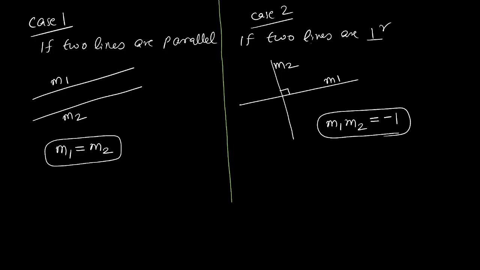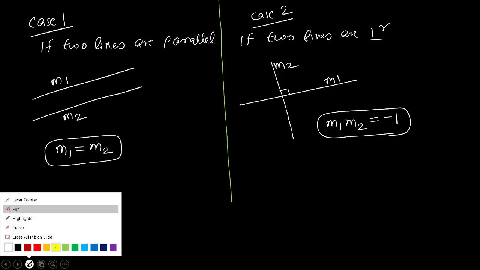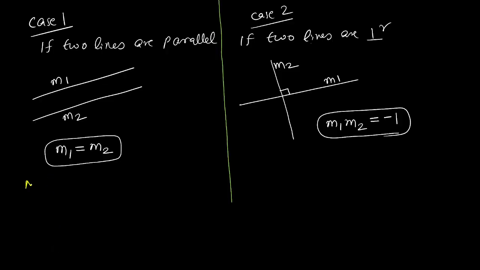And here you may write one note. It is helpful in a few questions. Note: you may write one note here under the column case 1. ax plus by plus c1 equal to 0 and ax plus by plus c2 equal to 0 are always parallel.